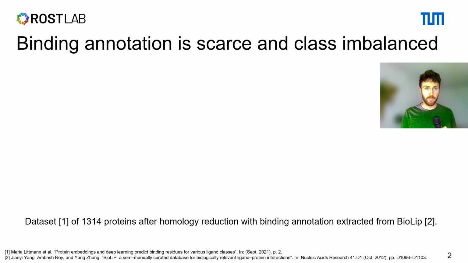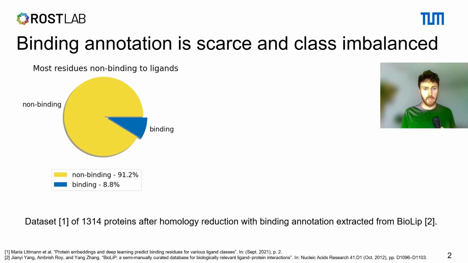To start off, the fundamental challenge of binding residue prediction is the scarcity of experimental annotation. Littmann et al. assembled a dataset from BioLiP in prior works, but after homology reduction, only about 1,300 protein sequences remained.